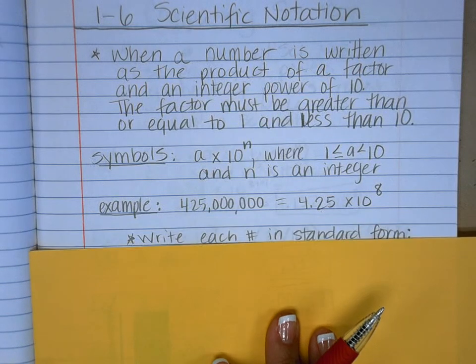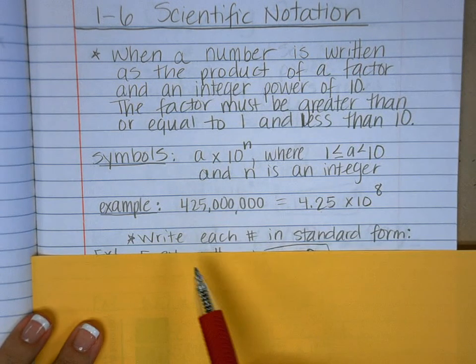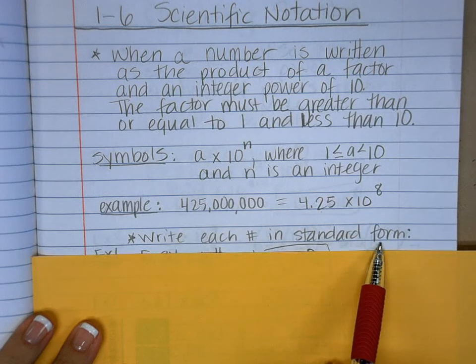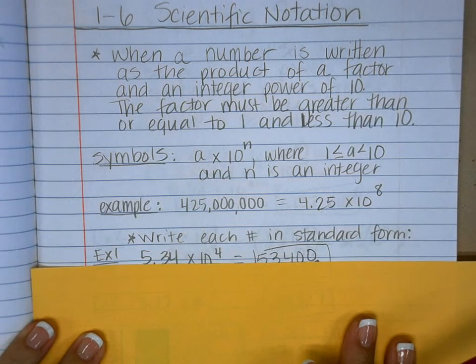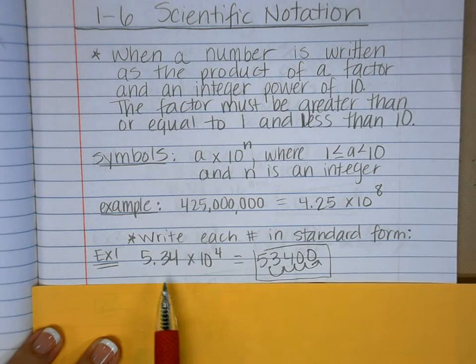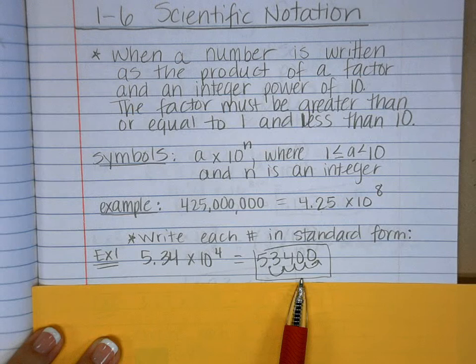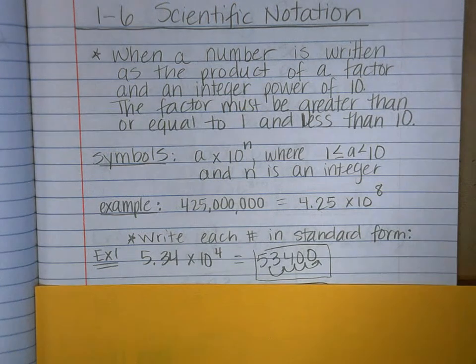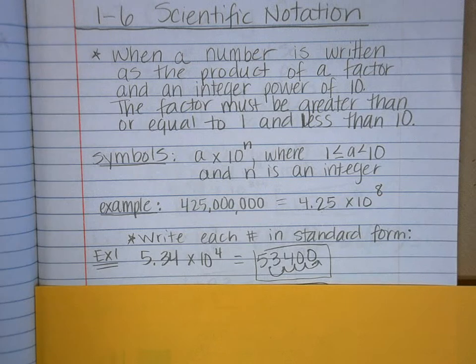Okay, so the first part we're going to look at is it'll say write each number in standard form. Here's an example of what it looks like to write it in standard form. We're going from scientific notation to standard. Some of you could probably see what I did there.